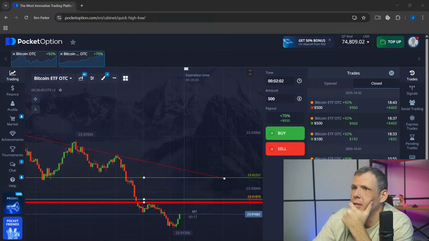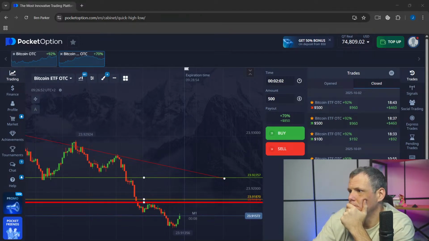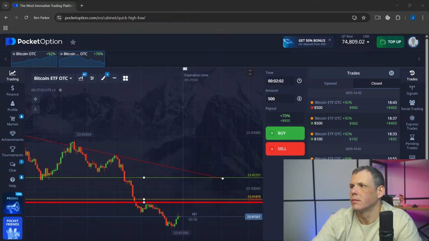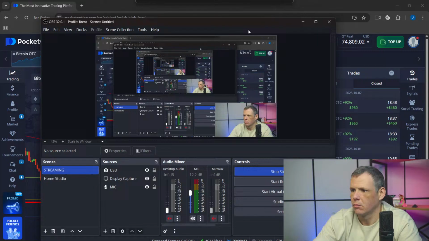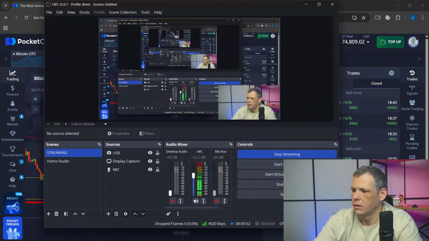All right, how does everything look? Let's see. Everything looks a lot better than what it did before when I'm looking at OBS. Take a look, even this computer usage.